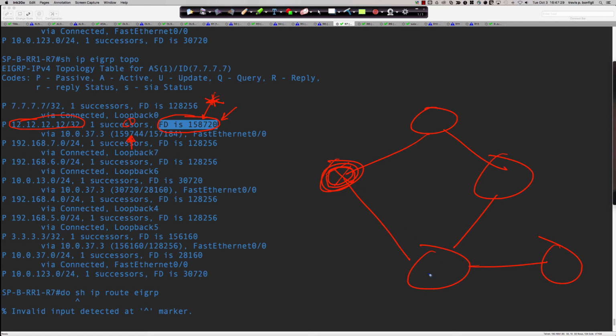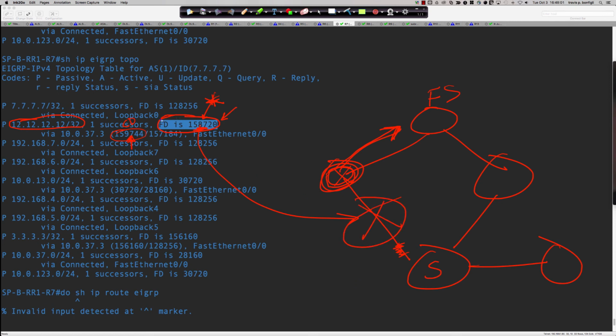Otherwise it might say, oh, well, that's the cost now, so I might be able to go this way as well if this was a feasible successor. If this is a successor and that's a feasible successor and I don't keep this in mind, I may immediately start forwarding traffic this way, not knowing that at some point that was the best cost, even though maybe this degraded, and then went down.